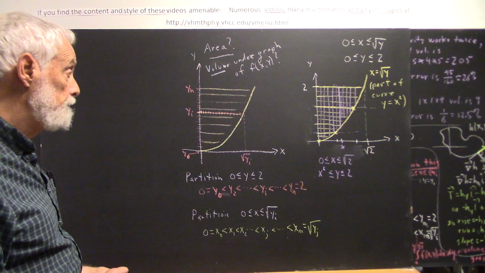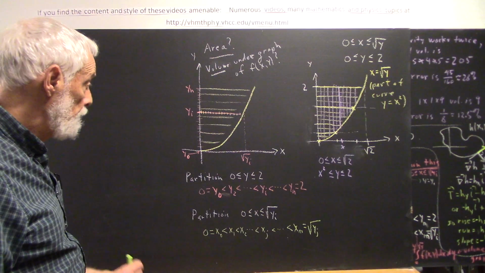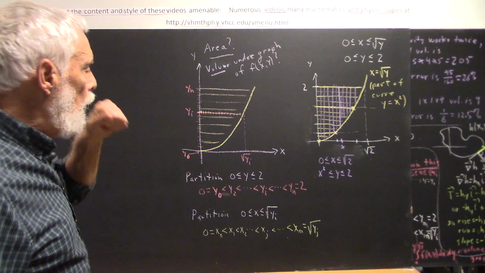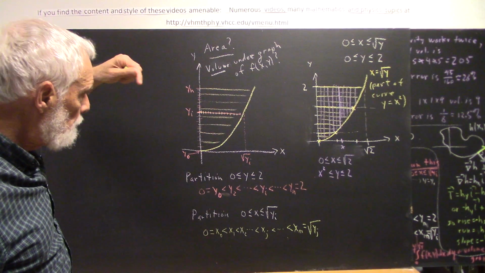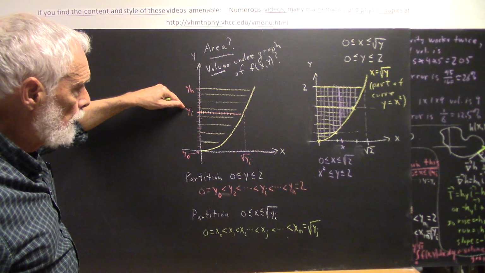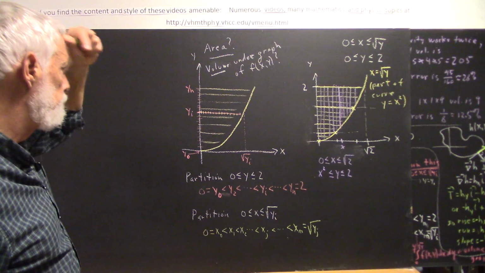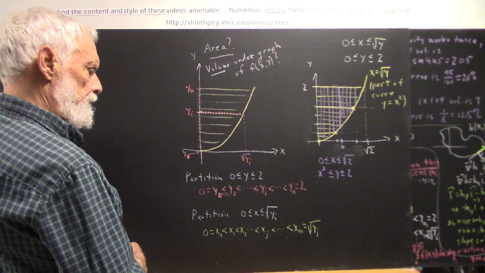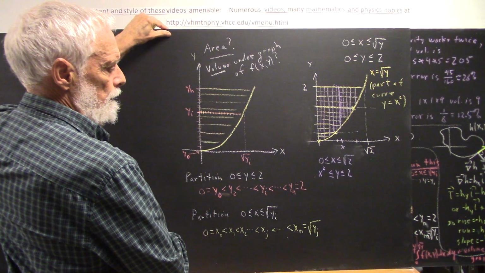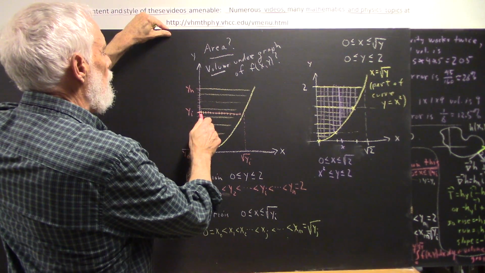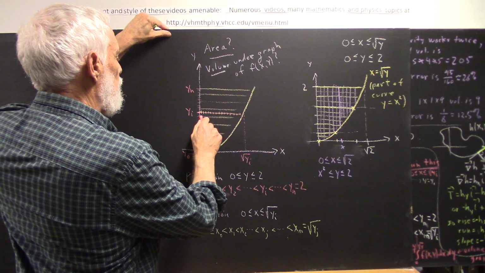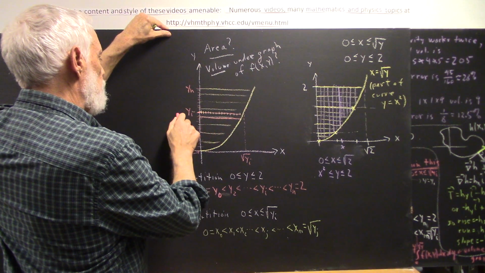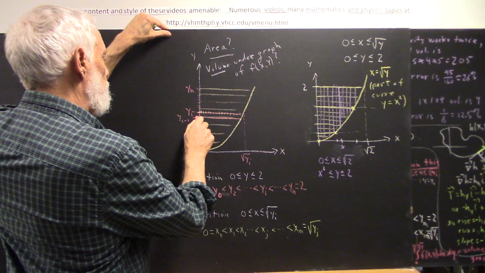Now, pay careful attention here. Let's go between y sub I minus 1 and y sub I. That would be like maybe between here and here. Here's our y sub I, here's our y sub I minus 1.